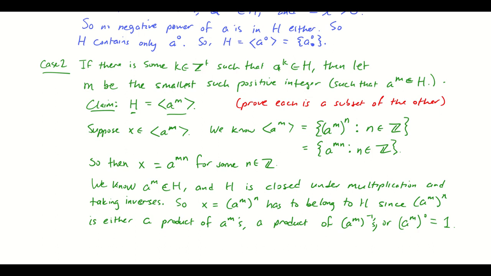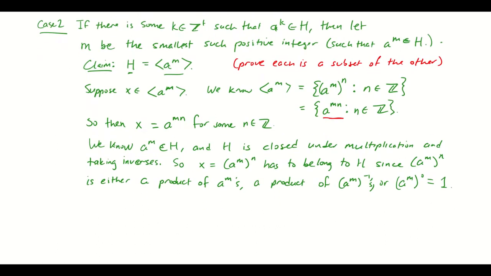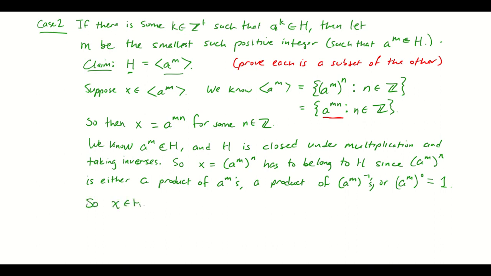Okay, so actually here I didn't even really use the fact that this could be rewritten as a to the mn. I just used the fact that every power of a to the m has to belong to a subgroup if that subgroup contains a to the m. So that means whatever x is, it has to belong to h. Therefore, this subgroup has to be a subset of h.